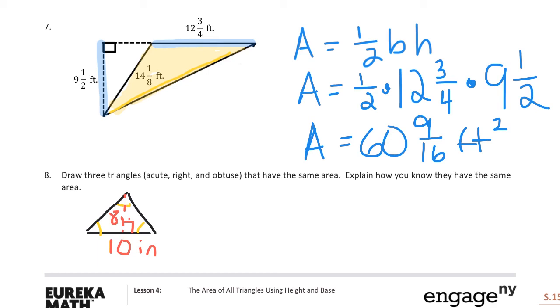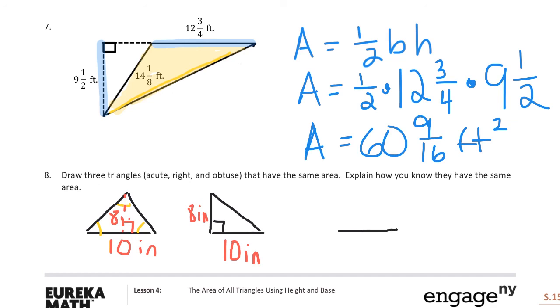Now I need to draw a right triangle. So first thing I do is I draw my right angle right there, and then my base and height, 10 inches and 8 inches. Remember, if they all have the same base and height, then they will have the same area.